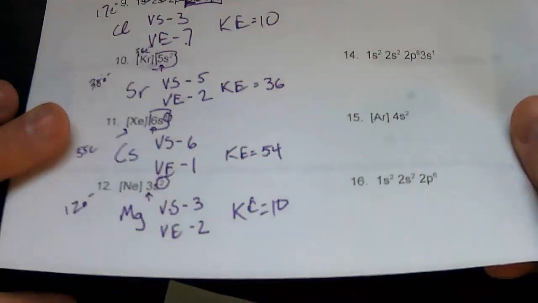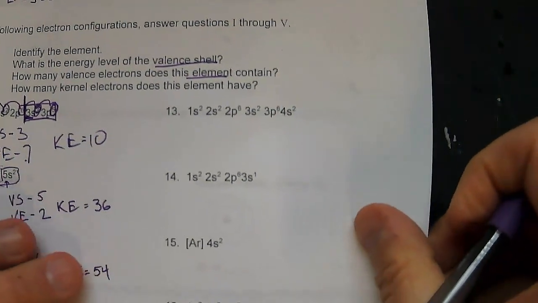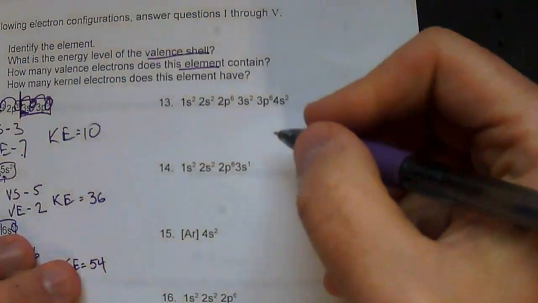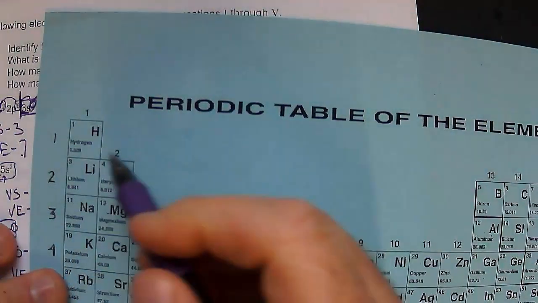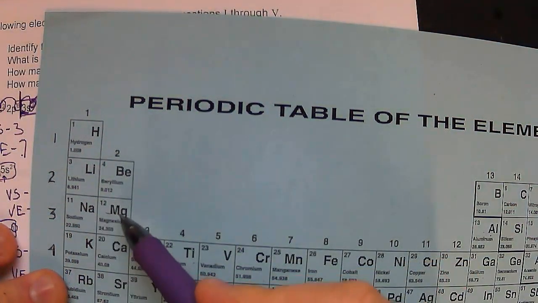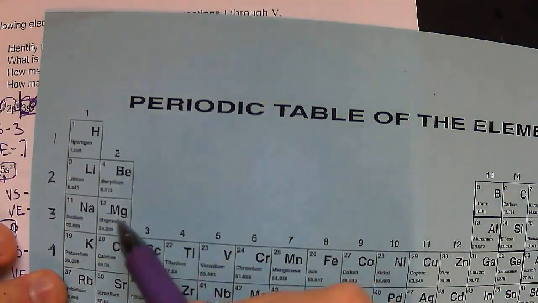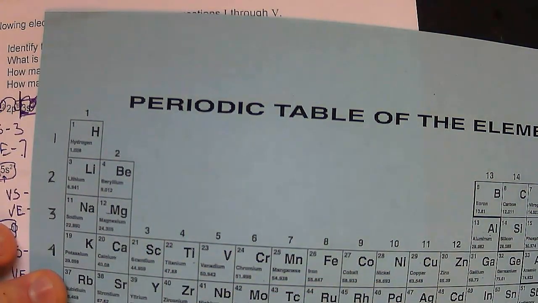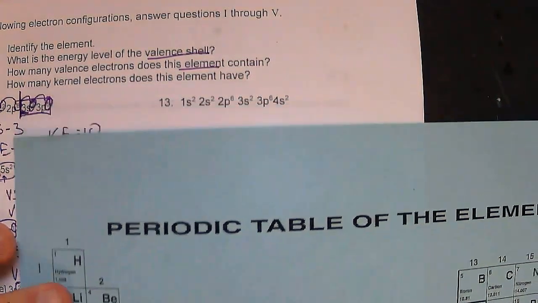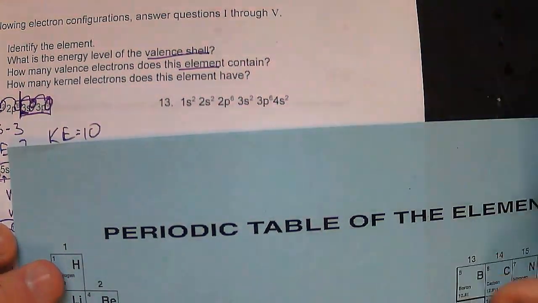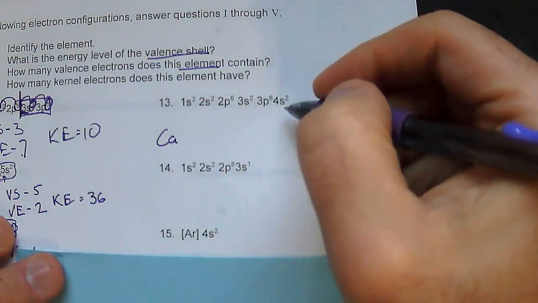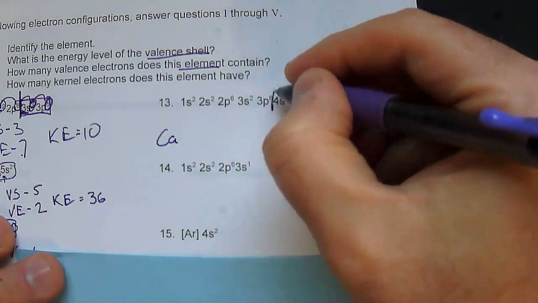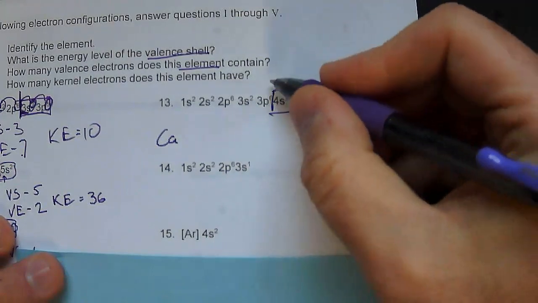Okay, so now we come over here. We have to identify the element. So we go 1s2, 2s2, 2p6, 3s2, 3p6, 4s2. So this is calcium, and there are 20 electrons. This, in this box, is the valence.